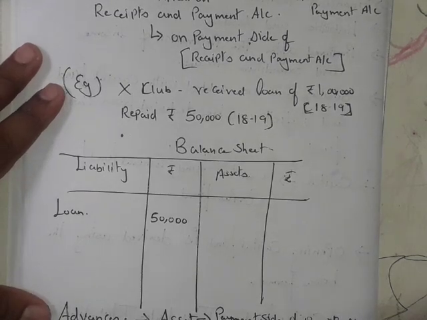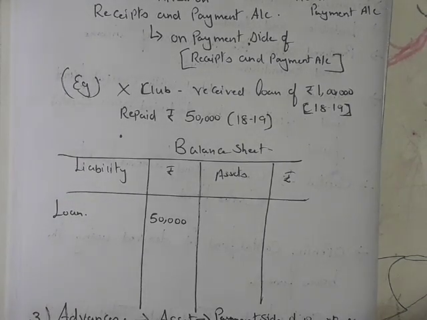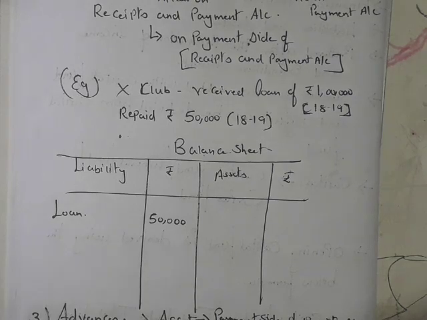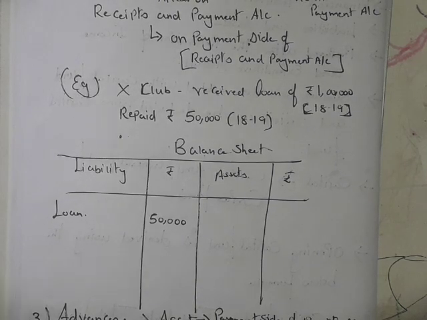So when any repayment of loan has taken place, then you need to eliminate that repaid portion from the overall amount and show only the net amount. Able to understand?